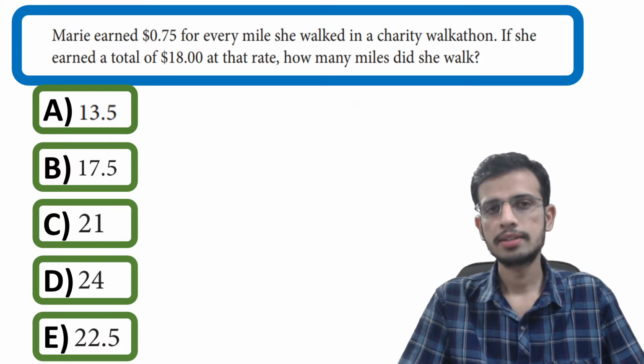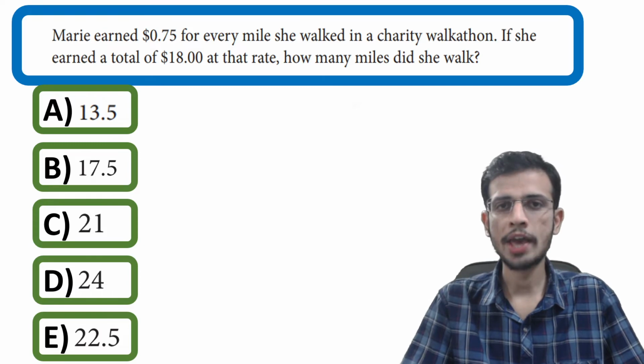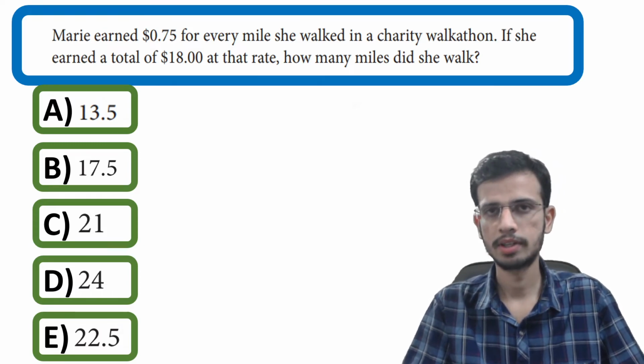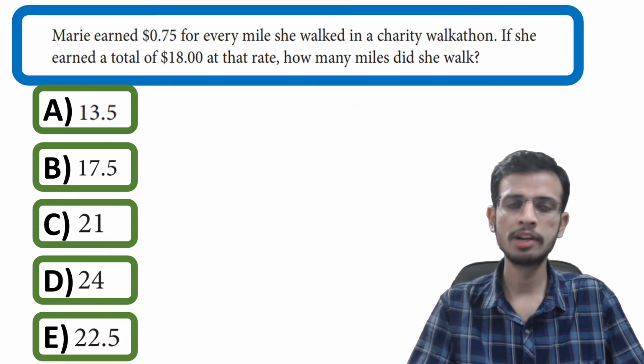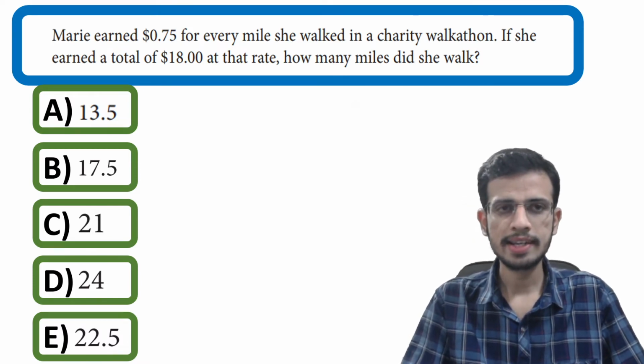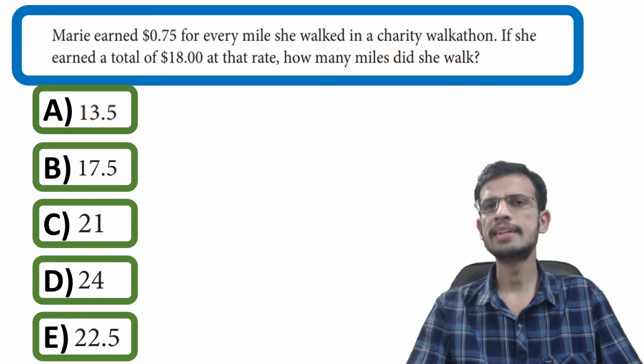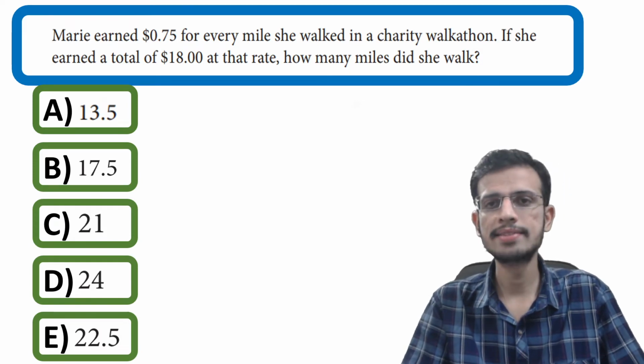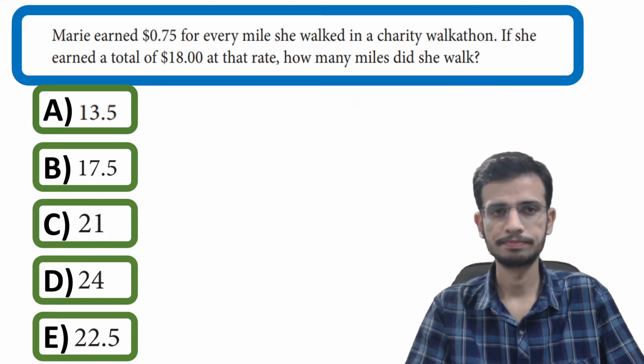Mary earned $0.75 for every mile she walked. If she walks 1 mile, she will get $0.75. This question says she got $18 at the same rate. Then how many miles did she walk?